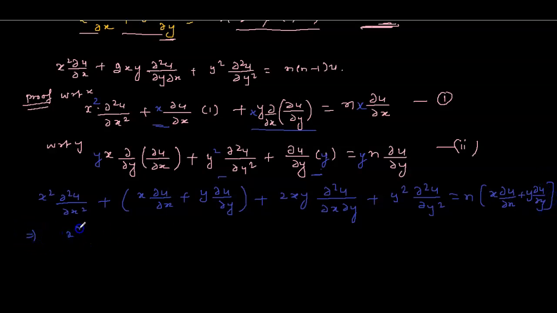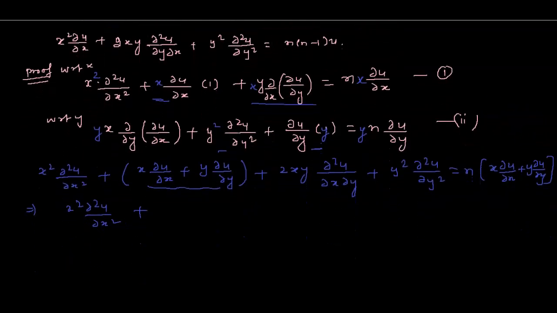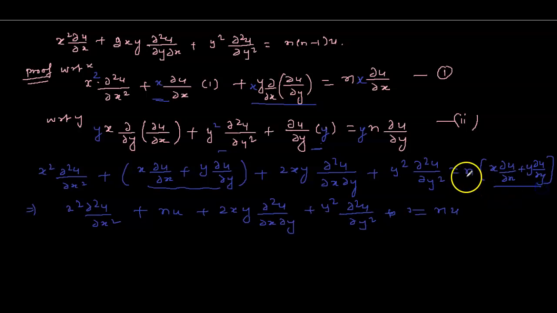So this one here: x square del square of u by del x square plus this one I can write n into u, since it is of degree 1, x into del u by del x plus y into del u by del y is n into u, plus 2xy del square of u by del x del y plus y square del square of u by del y square, plus this one is also n into n into u, so this becomes n square u.